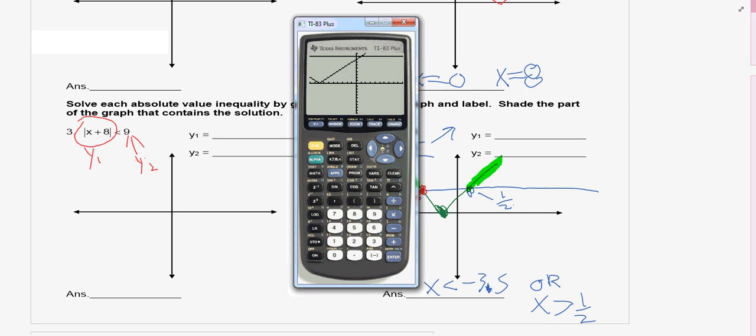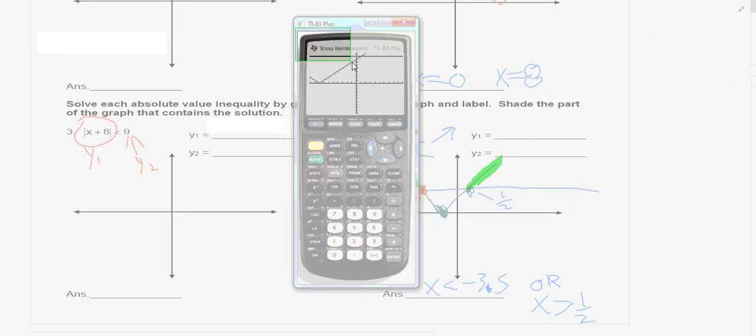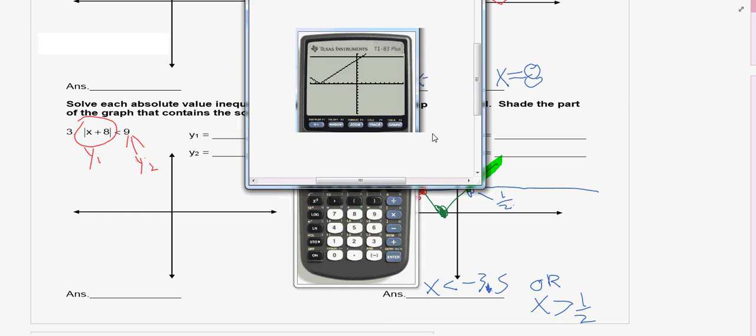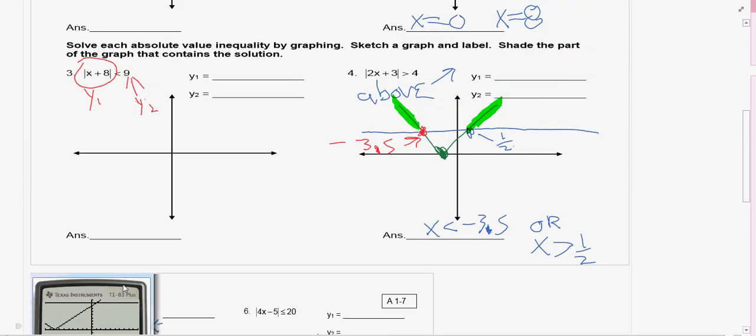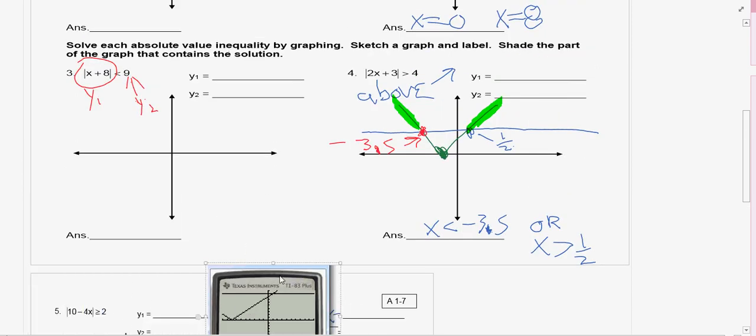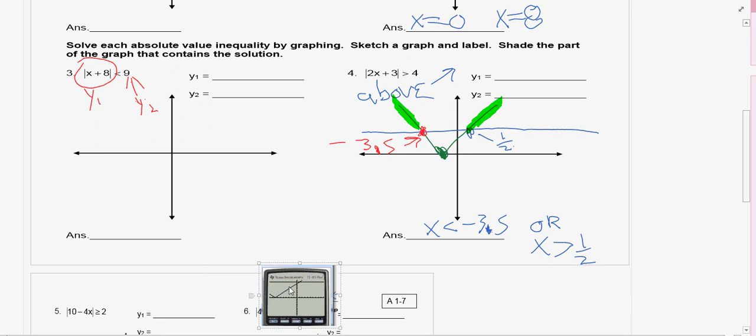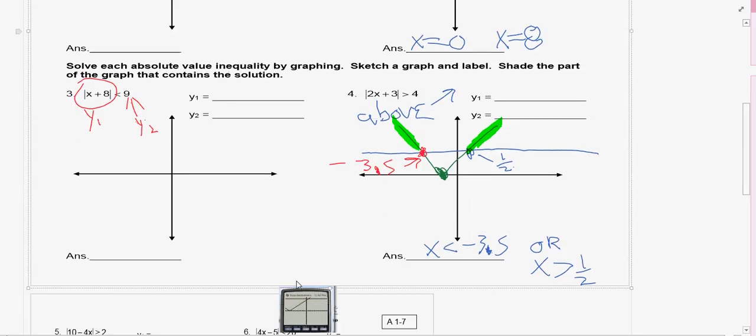Let me take a screenshot of this. Place it somewhere in here. Oh, it's not where we want it. Slide that up here, hopefully. Come on. Huh.